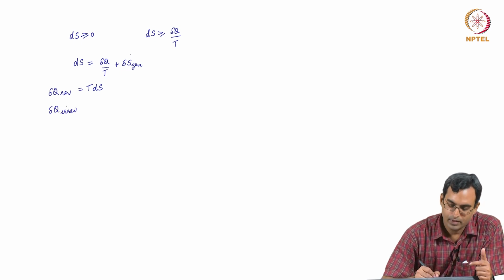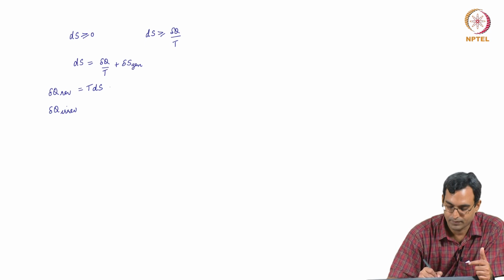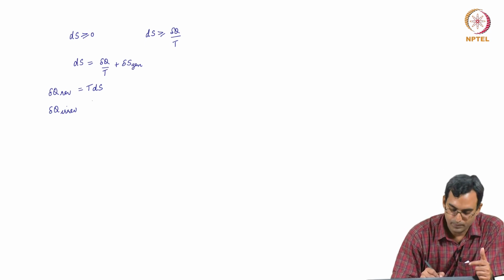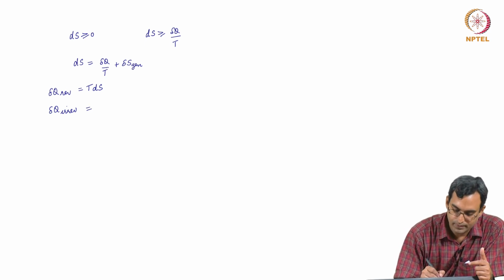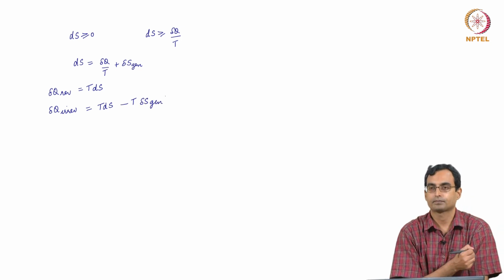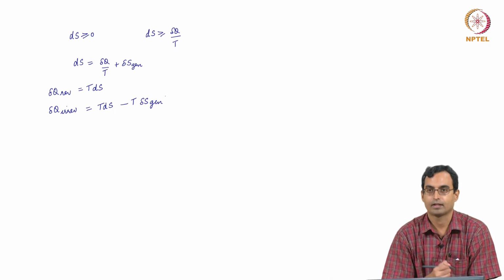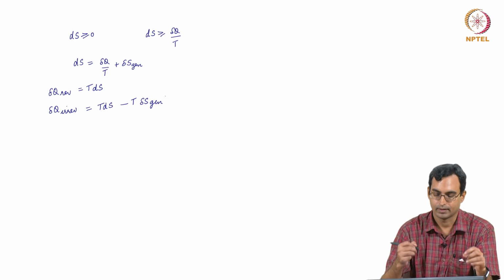In the case of a reversible process this is 0 because ds is equal to del q by T, and del q reversible is equal to Tds, which is what we have written here. In the case of an irreversible process we see del q is equal to Tds minus T into some delta s generated. So, that is what we see as the heat transfer in an irreversible process.